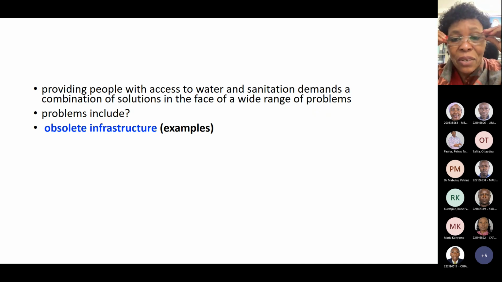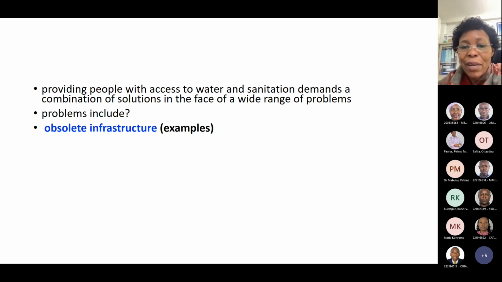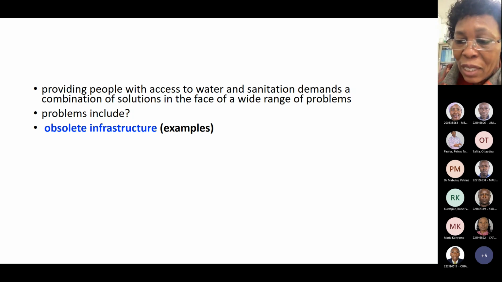Some countries are challenged with regards to infrastructure for both water and sanitation systems. I'll give you an example from my study when I was pursuing my master's in demography. I did a study titled The Impact of population increase on water and sanitation, and I picked one district in my country.